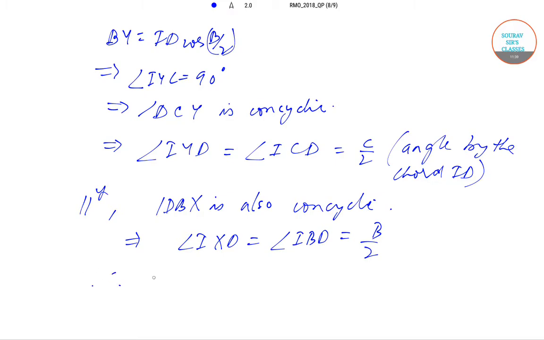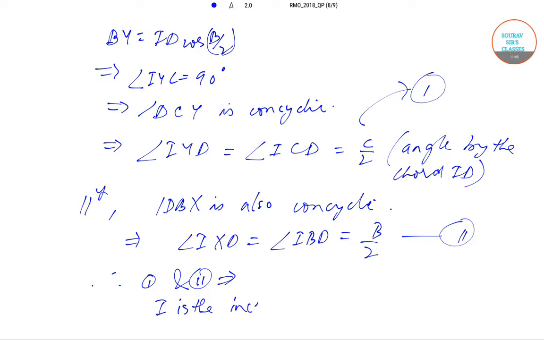So if we take this as equation 2 and the earlier one as equation 1, then 1 and 2 imply that I is the incenter of the triangle DYX. So this is what we are getting so far. We have proved that BCYX is concyclic, and also that I is the incenter of the triangle DYX.